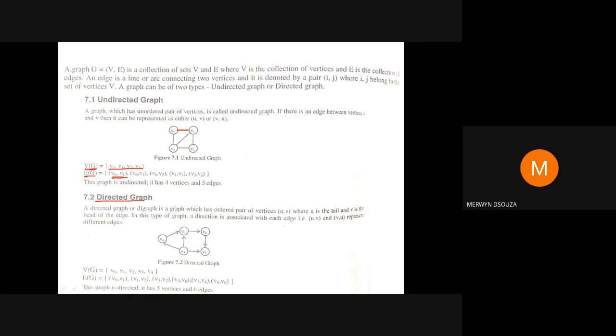It could have been written as V0 comma V1 or V1 comma V0, but you write any one of them, not both. So you write down all these edges. As you can see, there are 5 edges, 5 connections between the vertices. Make sure to note down all of them, as that will form the set of edges. So in this diagram, you can see it has 4 vertices and 5 edges.